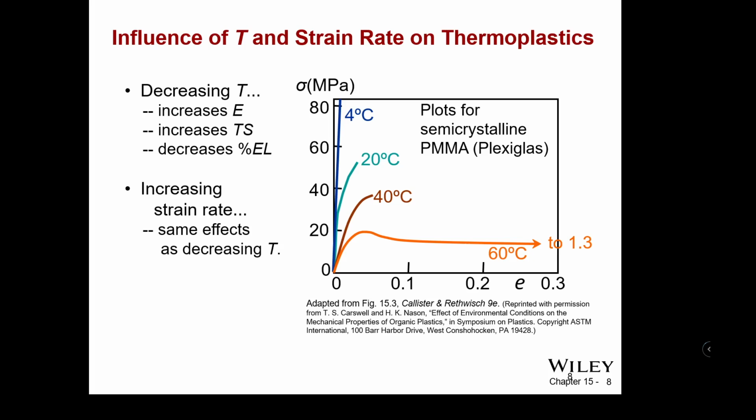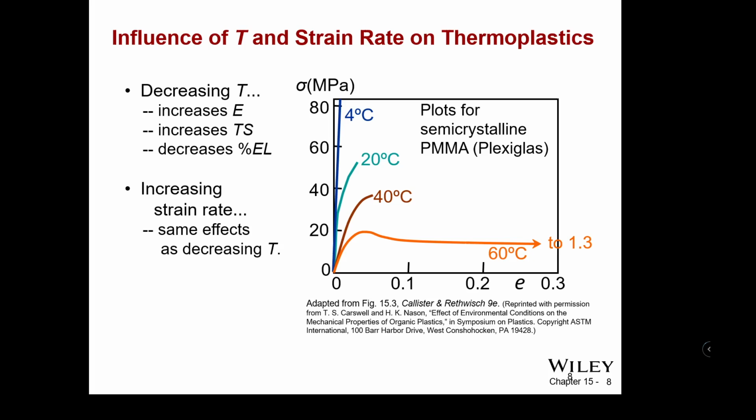So also the strain rate. As the strain rate increases, it's the same effect as decreasing temperature. So if you load a polymer very quickly, if you yank on a rubber band really fast, you have a higher likelihood of making it behave stiffer. Again, it physically drops the temperature of the polymer a little bit.